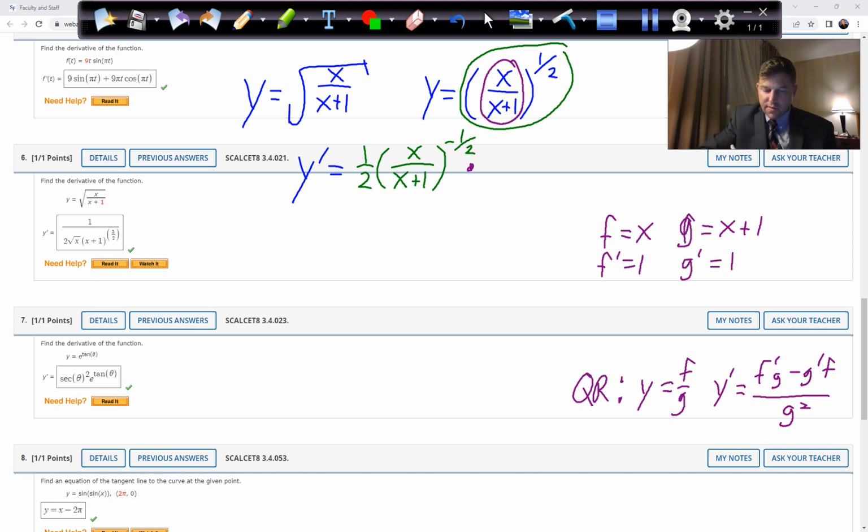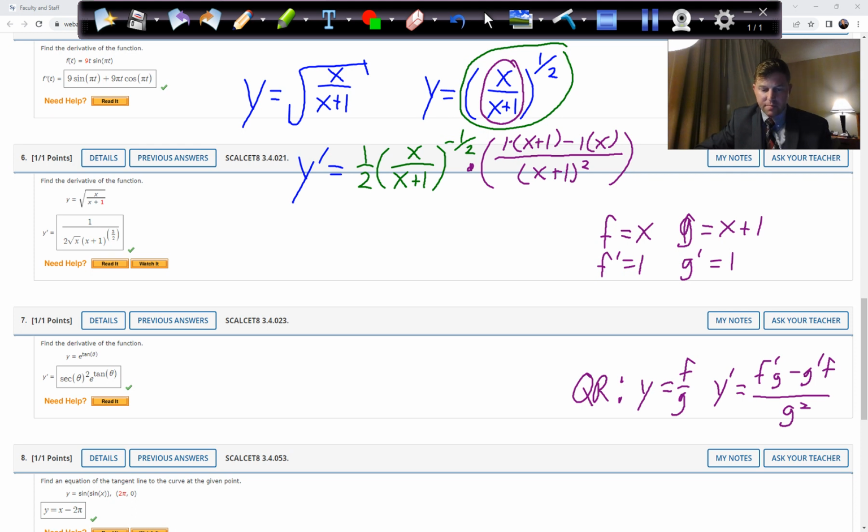So this derivative is going to be f prime 1 times g x plus 1 minus g prime, which is 1, times the original f, which is x, all over g squared, which is x plus 1 squared.